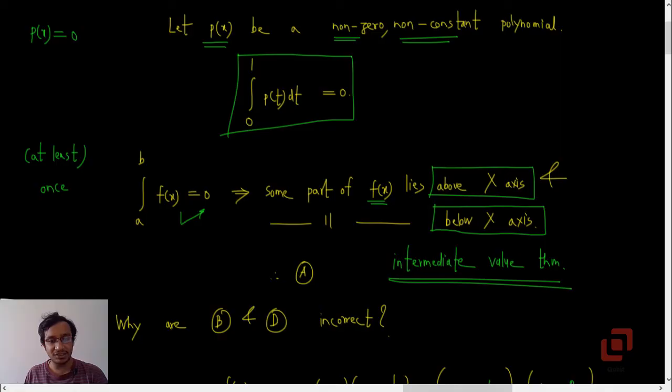If you try to sketch the curve, let's say this is 0 and this is 1, then for the integral to be 0, it must be like this, so that this positive area will be numerically equal to this negative area. This is an example where the curve intersects the x-axis only once. But you can also have this function. Let me now draw another curve.